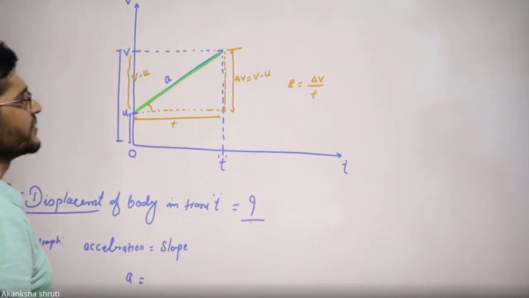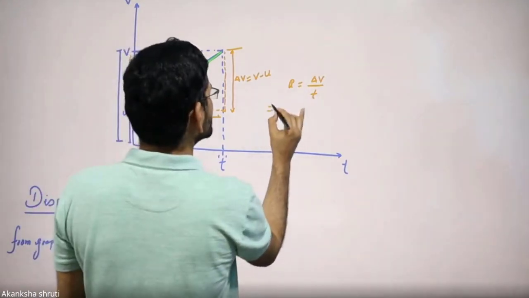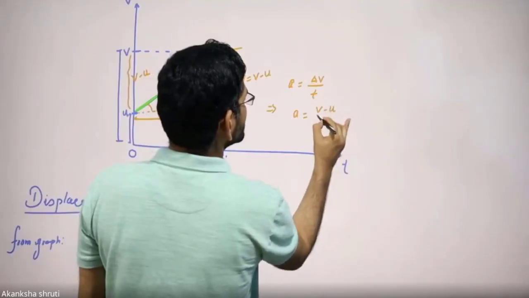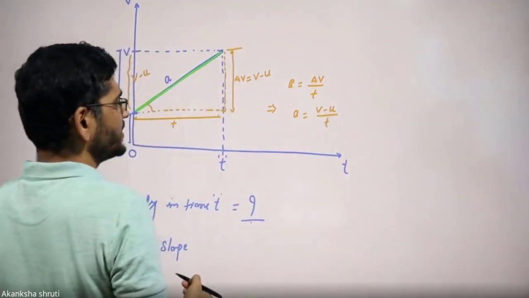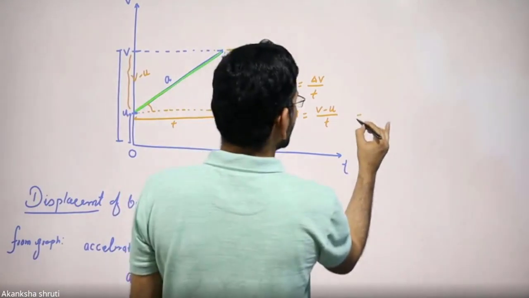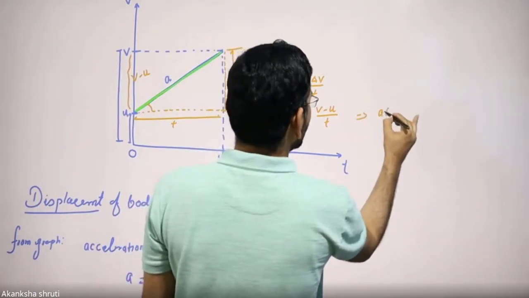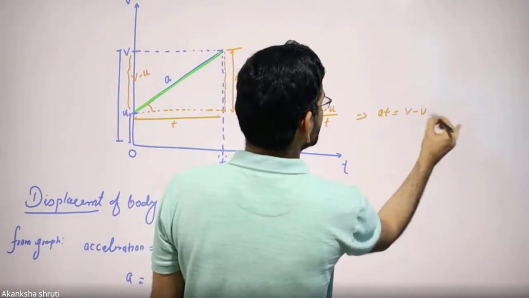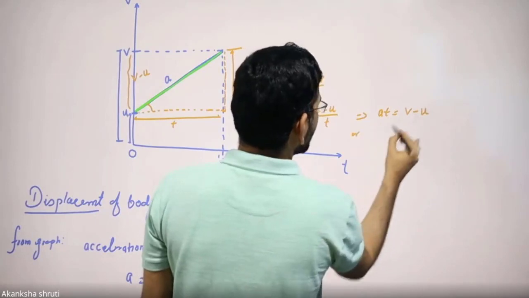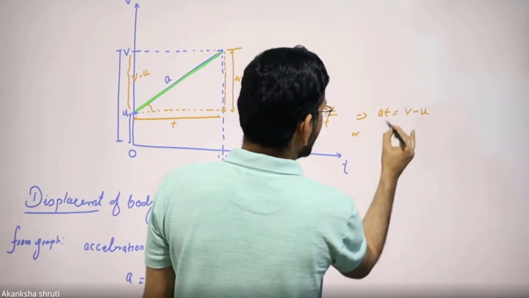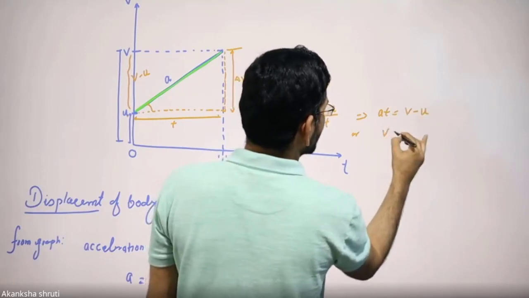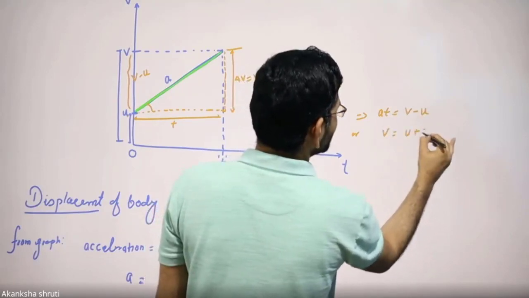It means acceleration A is nothing but v minus u by t. Or if required, we can rearrange this as at equals v minus u, or u plus at equals v. So v equals u plus at.